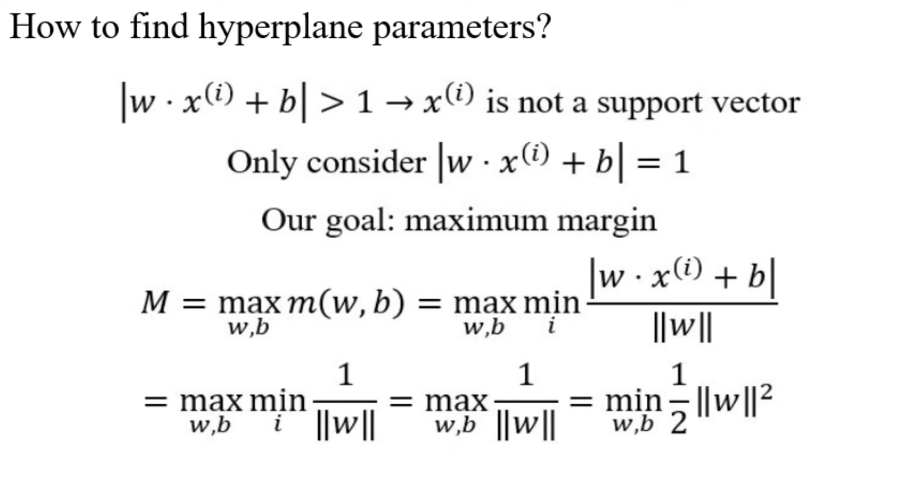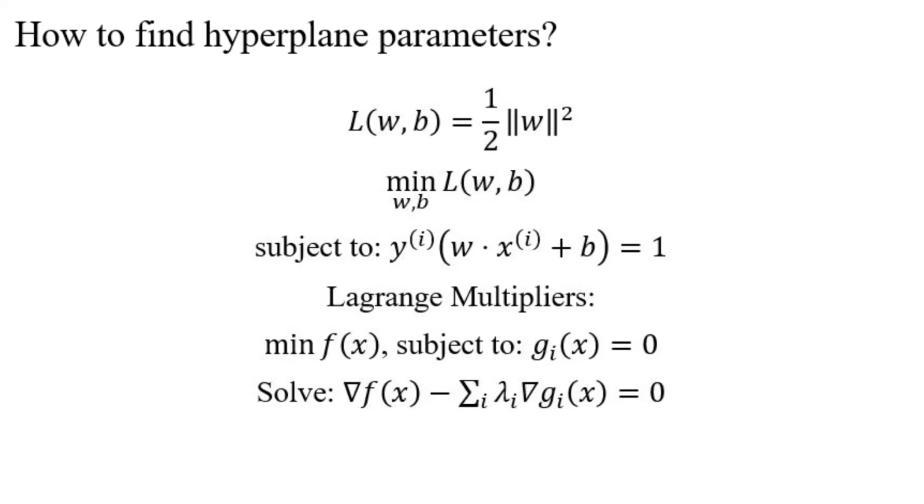By performing the relevant algebra, we see that our optimization objective is equivalent to minimizing 1/2 times the norm of w squared. To solve this minimization problem, we will use Lagrange multipliers. Recall the methodology of Lagrange multipliers. If we want to minimize an objective function f with respect to constraints g sub i, then we take the gradient of the Lagrangian and set it identically to 0.